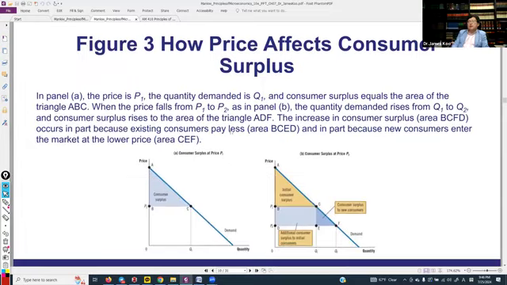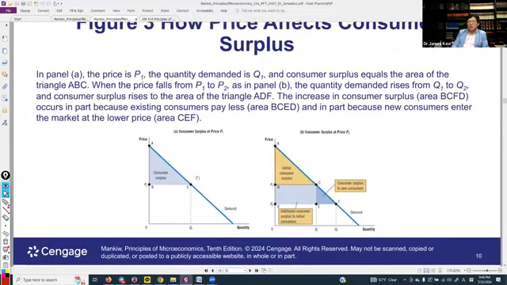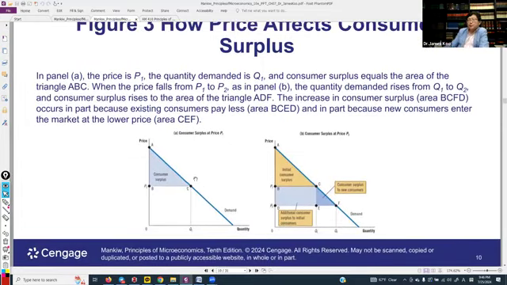How does price affect consumer surplus? In panel A, the price is P1 and the quantity demanded is Q1. Consumer surplus equals the area of triangle ABC. This area is the surplus.